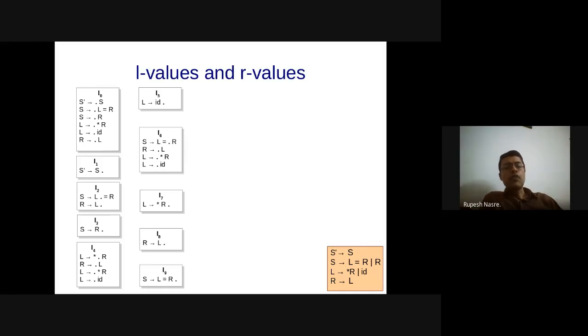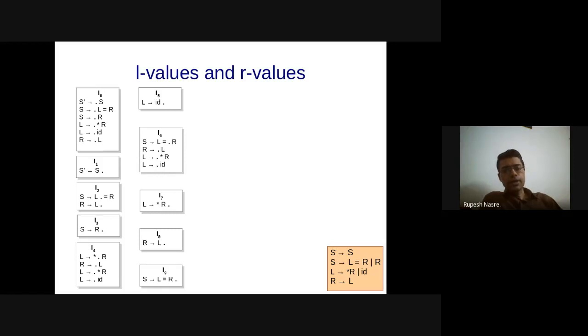Since follow of R contains equal to, R deriving L dot is the reduction that you might want to apply when you see equal to. Alternatively, the first rule says that if there is equal to, then you should shift so that I can derive L equal to R.